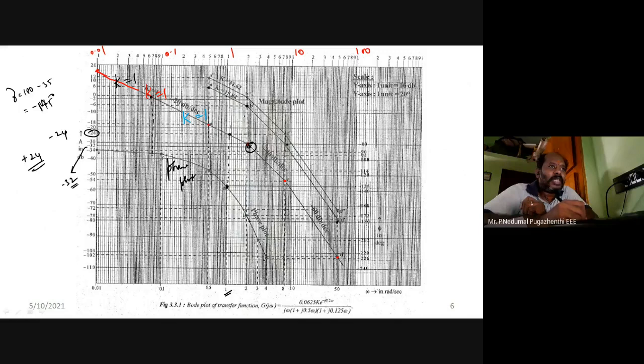So for k is equal to 1, taking the phase plot minus 180 degree line crossing, you can see that it is cutting my magnitude plot for k is equal to 1 at minus 32.